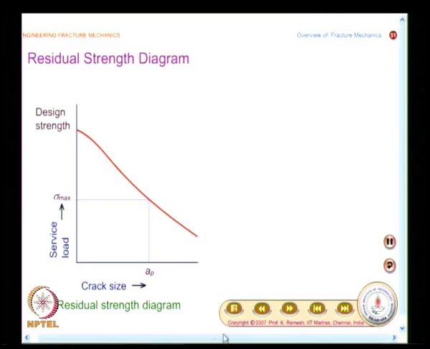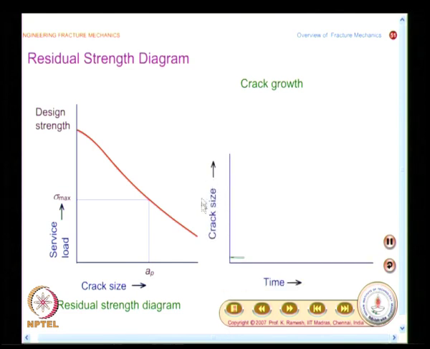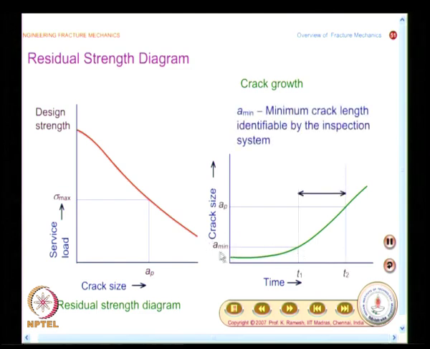And the other question that we would like to know is, what is the time available for inspecting the crack? We will have a look at it. So, we want to look at the crack growth. You have crack size versus time, and we start with a premise that you will have a minimum crack that would be detectable by your non-destructive testing methodology.